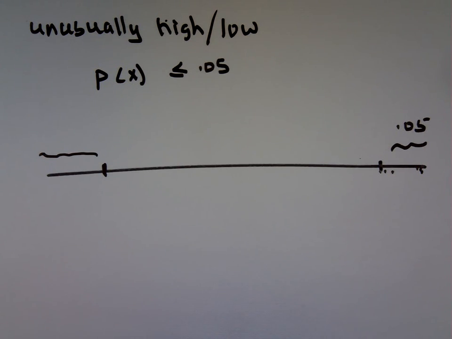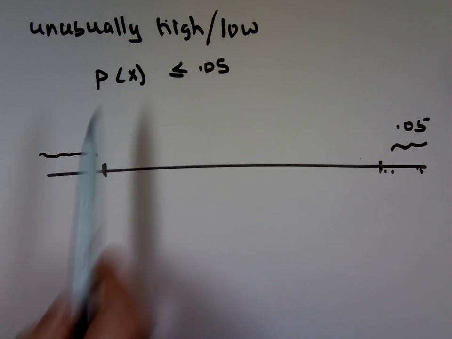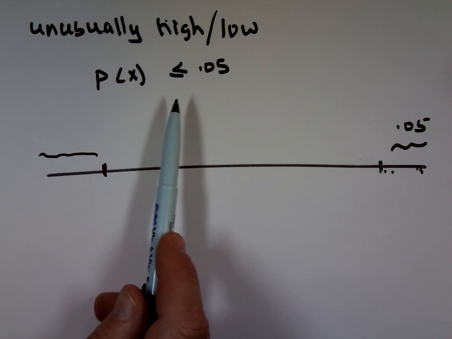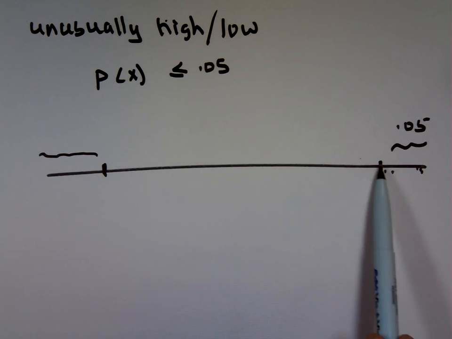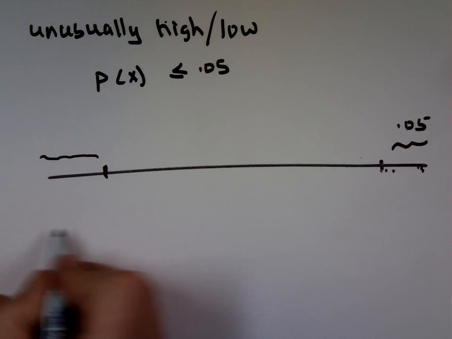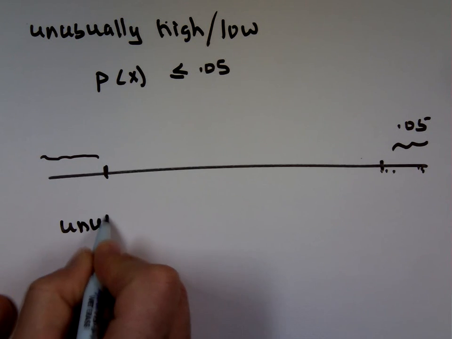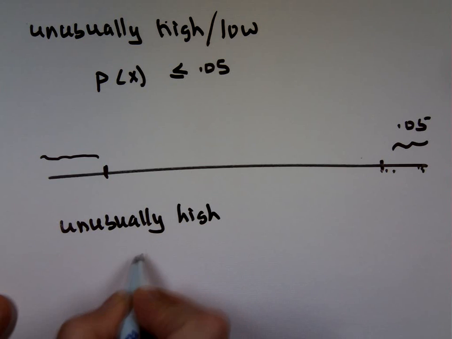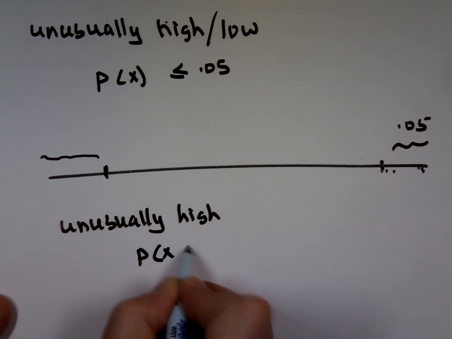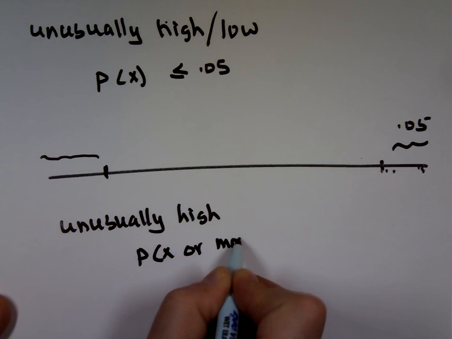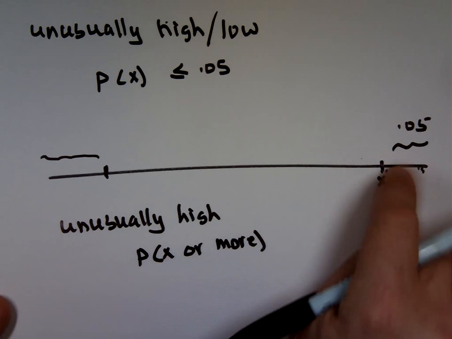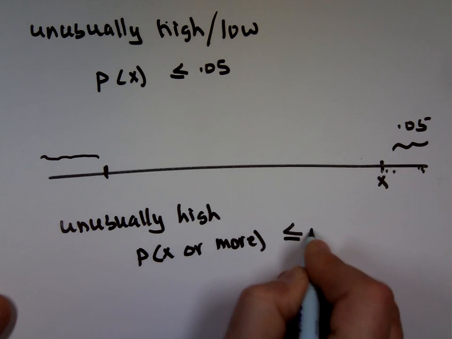So unusually high is when you're in the top 5%, X to be here or more. The way I would write that: the probability of X or more, to get that number or more, let's say this is X, to be that value or higher, if the chance of that happening is less than 0.05, that's unusually high.